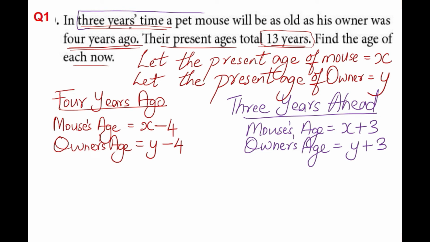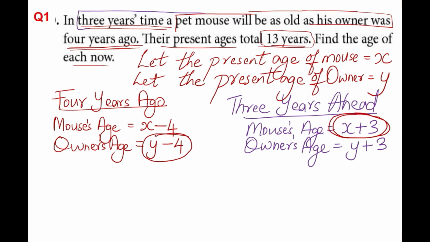Let's go back. In 3 years' time, the pet mouse will be as old as his owner was 4 years ago. So the future age, that is in 3 years' time, the age of the mouse, is going to be equal to, because he will be as old as his owner was 4 years ago. So this is the age of his owner 4 years ago.